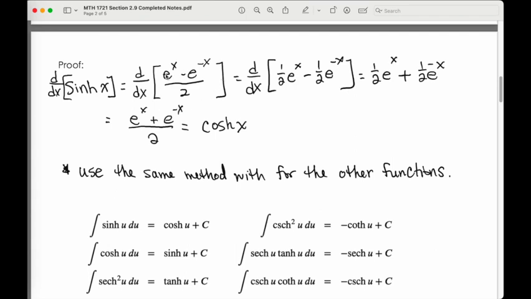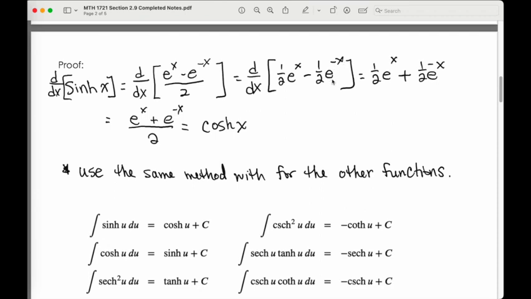Now, I'm going to clean this up a little bit to make it easier. So I'm going to split this up into 2 functions so I don't have to do that. So I'm going to rewrite this as 1/2 e to the x minus 1/2 e to the negative x. Now, when I take the derivative, I get 1/2 e to the x. And then when I take the derivative of this, I end up getting a plus here because I have to take the derivative of negative x using the chain rule.